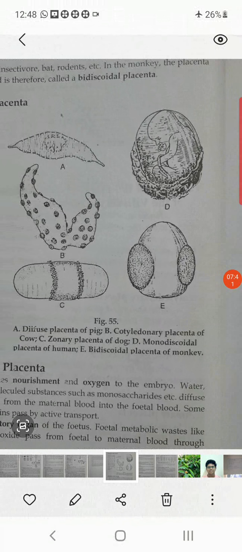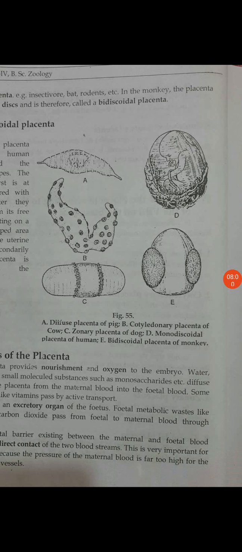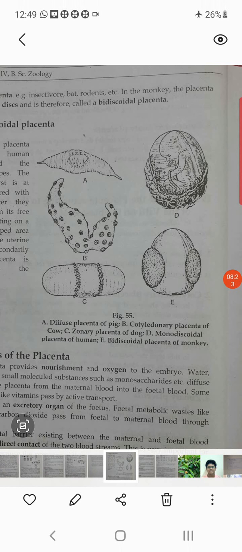The diagram is not there, but it is found in human beings and anthropoid apes. The early blastocyst is at first all covered with villi, but later they disappear from its free surface, persisting on the small disc-shaped area attached to the uterine wall. This secondarily discoidal placenta is known as the metadiscoidal placenta.